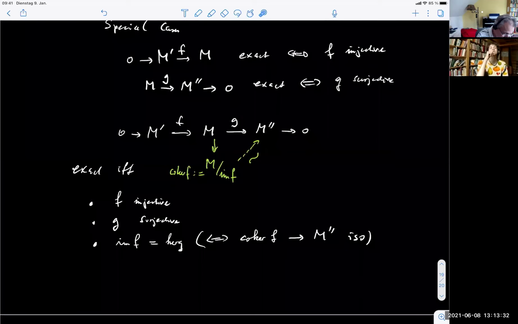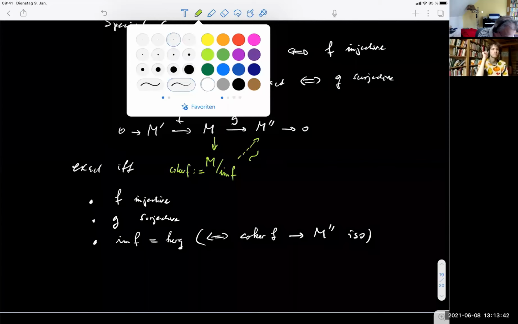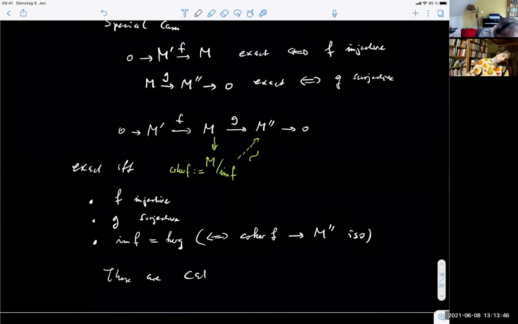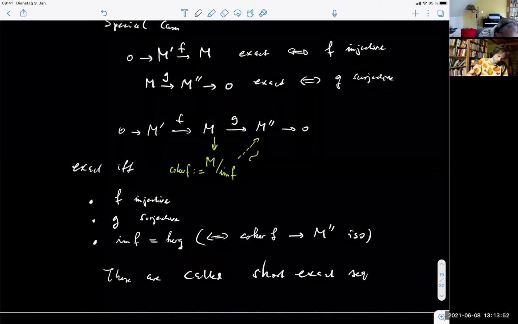So these are called short exact sequences. And the point is, whenever you have a long exact sequence, you can break it into small exact sequences.